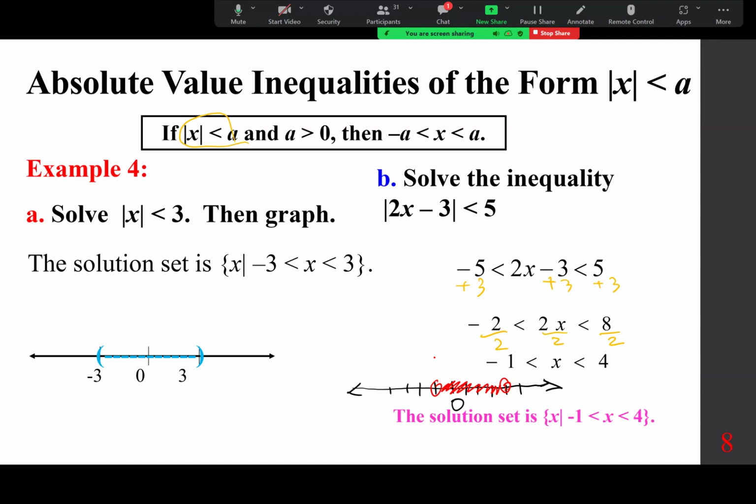That's one way to write it, or we put parentheses. And interval notation, -1 to 4, this is interval notation, okay?